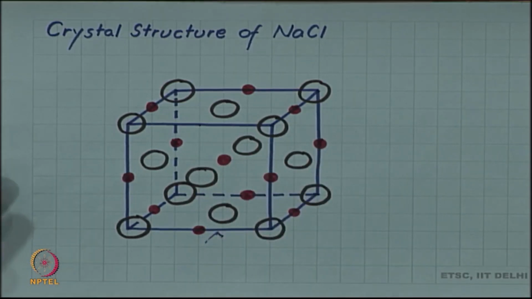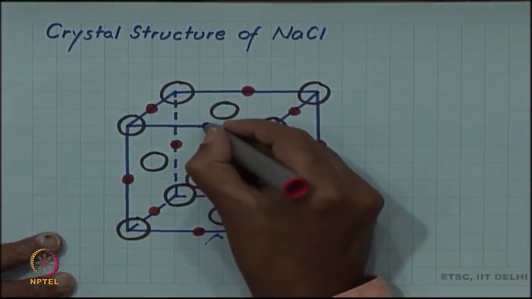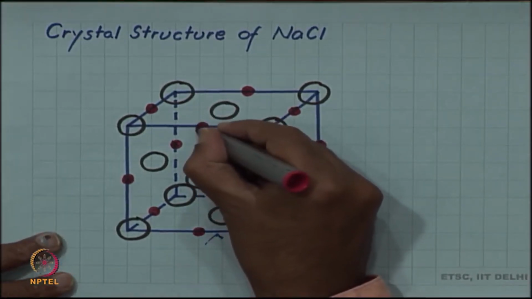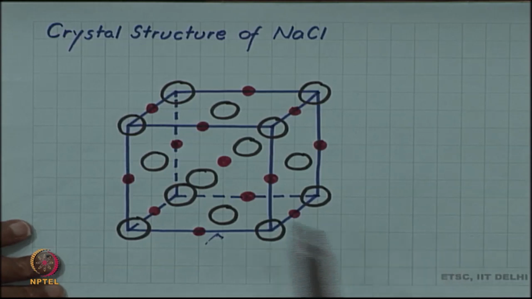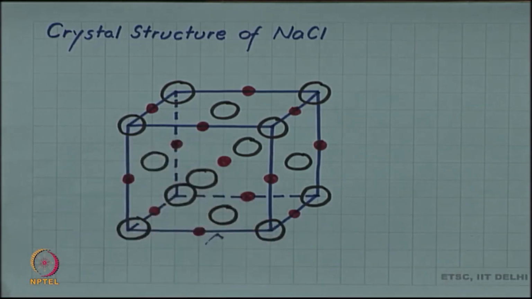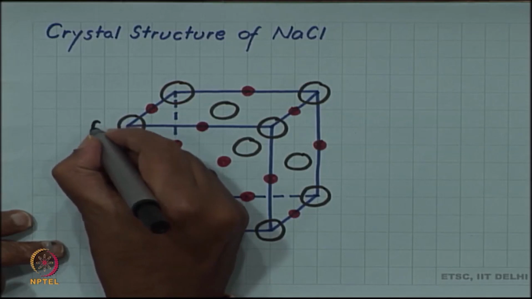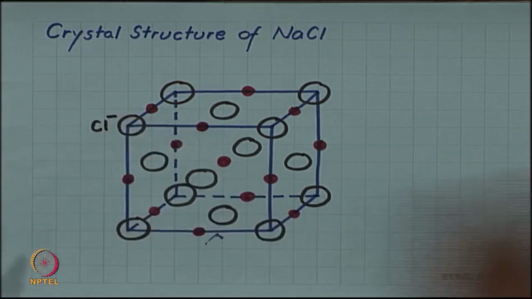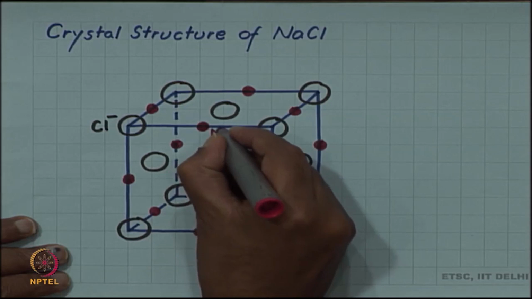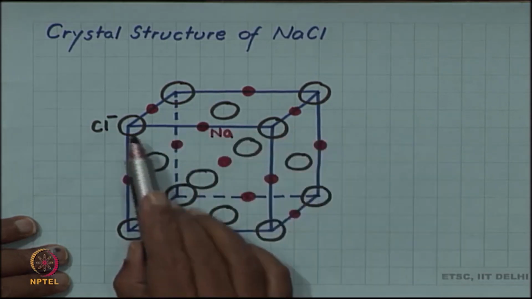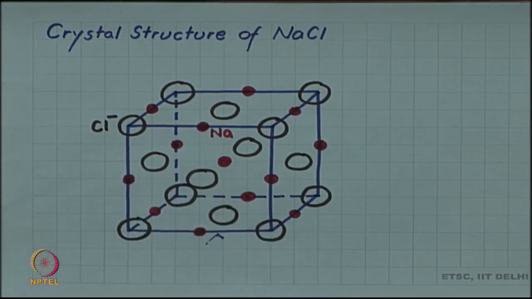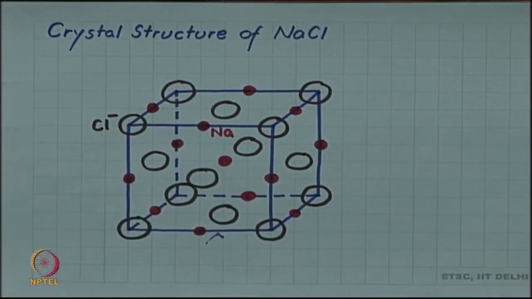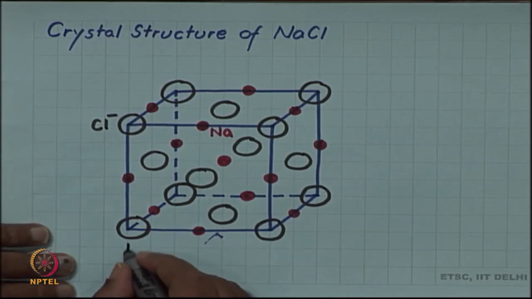Of course, I am showing the ions spaced out. In reality, the closest ions will be touching. So, the chloride ion sitting on this corner and the sodium ion sitting here along the edge, these two ions are actually touching. So, you can write the relationship between the radii and the lattice parameter.